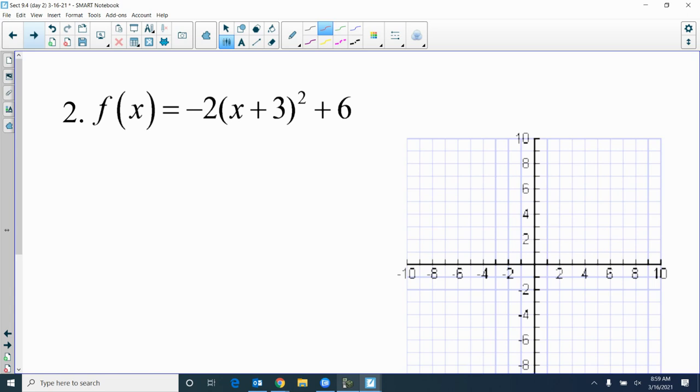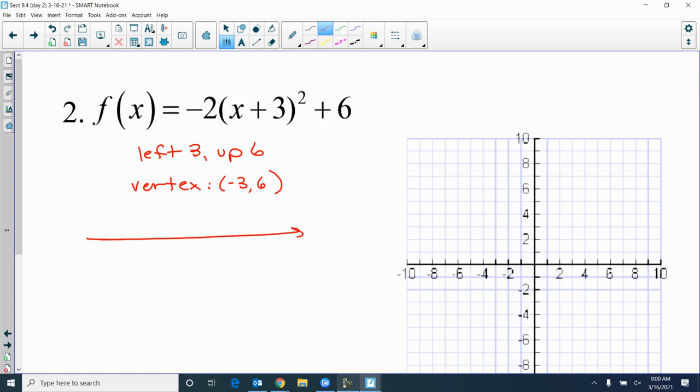That tells you there. Vertex, who had a hand up? Christiana. Not 3, but -3. Because we're gonna move left 3 up 6. So left 3 up 6. And so my vertex, and I know yours is down below, is -3, 6.